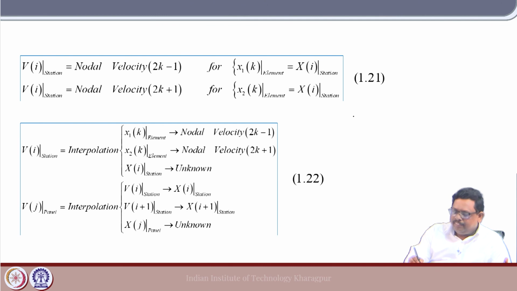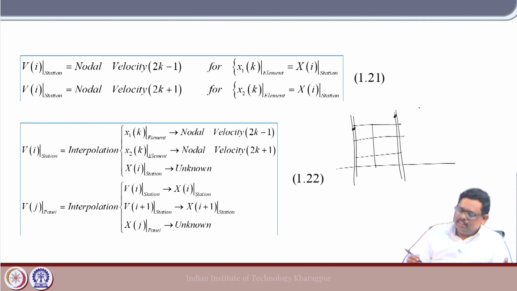I have these sections, I have another section, I know the velocity here and the velocity here. Now I have a panel here. I do the linear interpolation from here to here, and then I find out what the velocity would be at this x location.